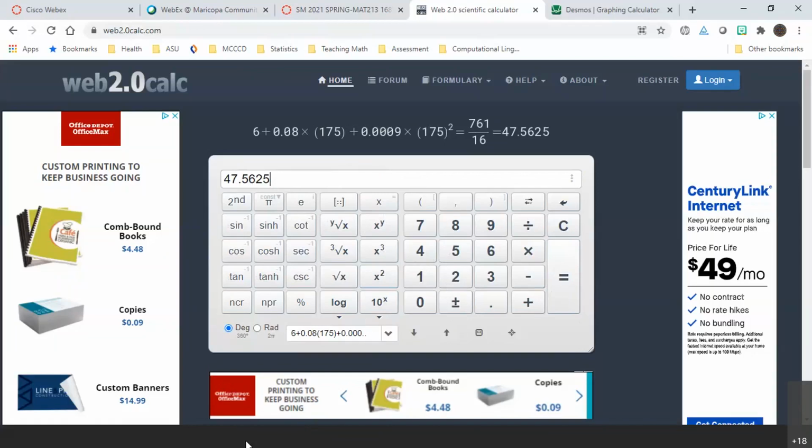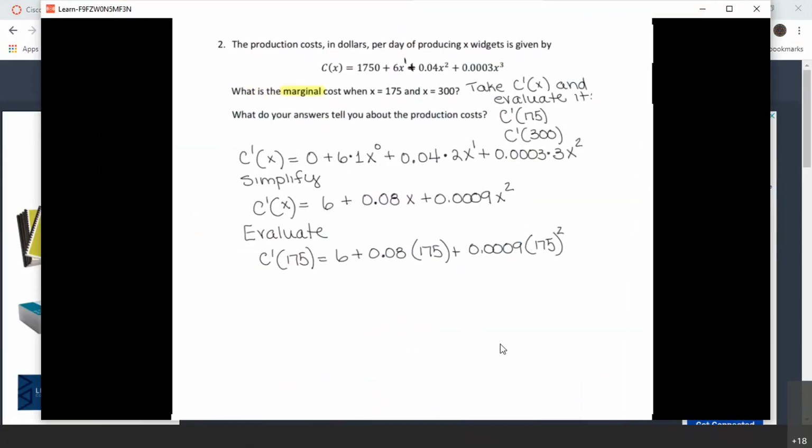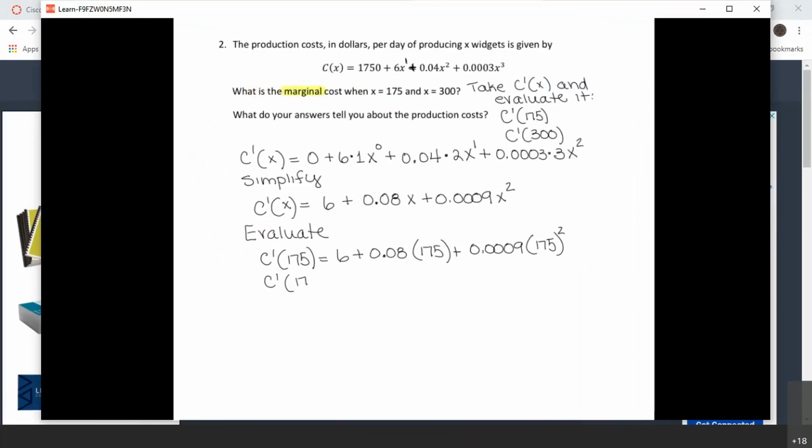So I'm going to go back to my notes. Of course, use a TI if you have it, if you like using it. Again, you have a link to the Web 2.0 calculator in your Canvas class down in your online tools section. So, or just use that if you don't have a TI.